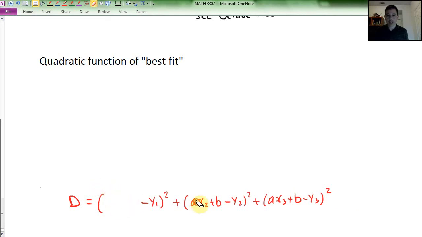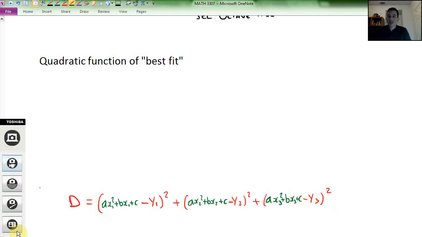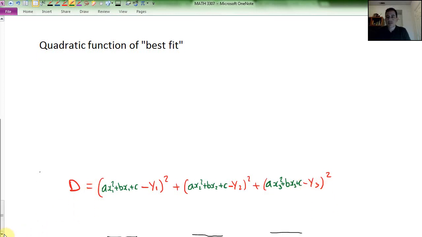But instead of that, I would do ax1 squared plus bx1 plus c, and then ax2 squared plus bx2 plus c, minus, I got the minus there, and then ax3 squared plus bx3 plus c.